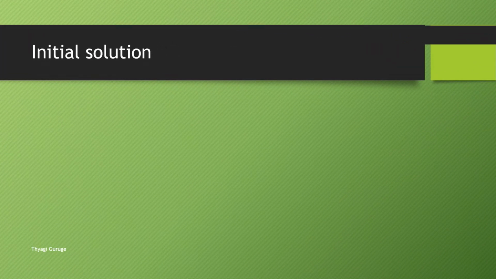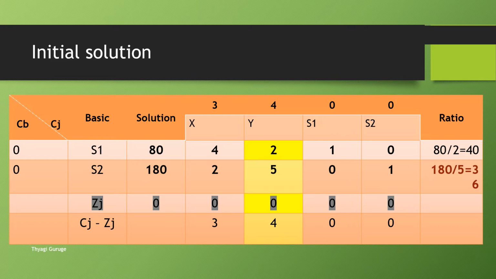Now, next we are going to identify the pivot row. To identify the pivot row, we need the ratio. In this ratio, we take the solution value and divide it by the pivot column value.